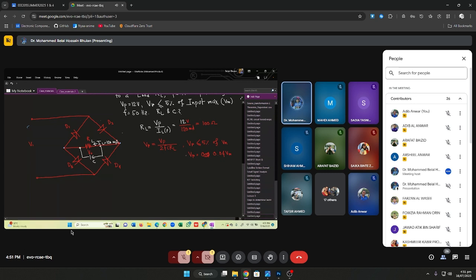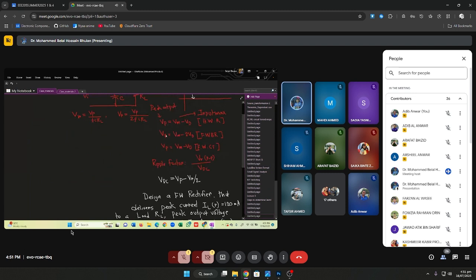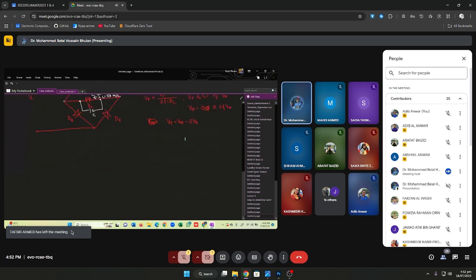We already know that VP is VM minus 2VD. This is the expression for the peak output voltage for a bridge rectifier.